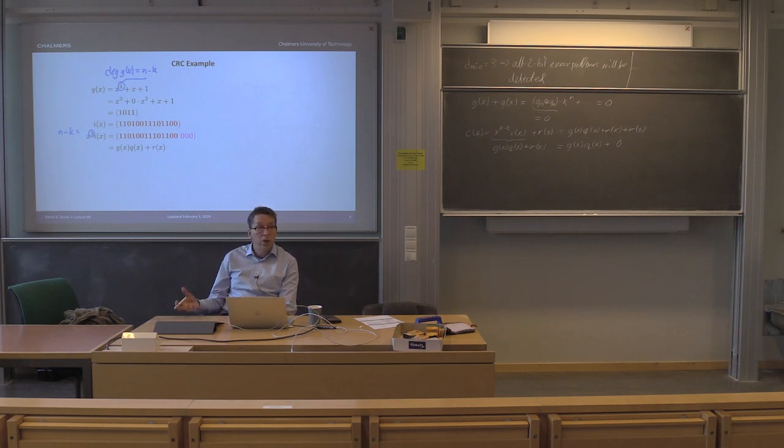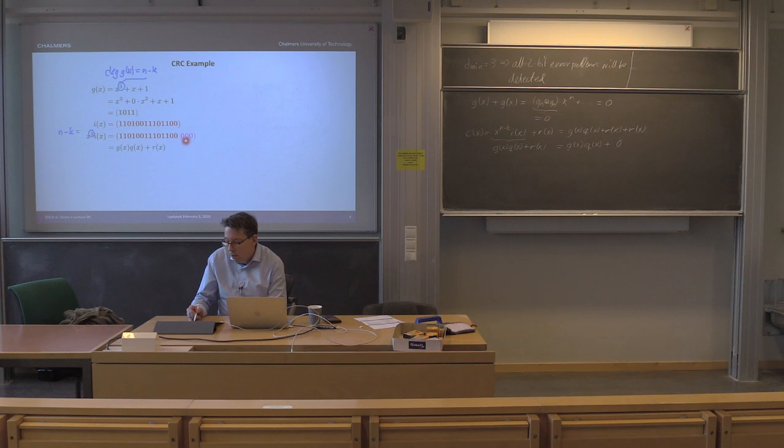Okay, so given G, I know how many zeros to put in. So let's do that. We put in the magenta zeros here. And then our task is to write this in the following form. G was given to us. We need to find Q. Q we don't care about, but what we care about is the remainder. Okay, so let's calculate this.